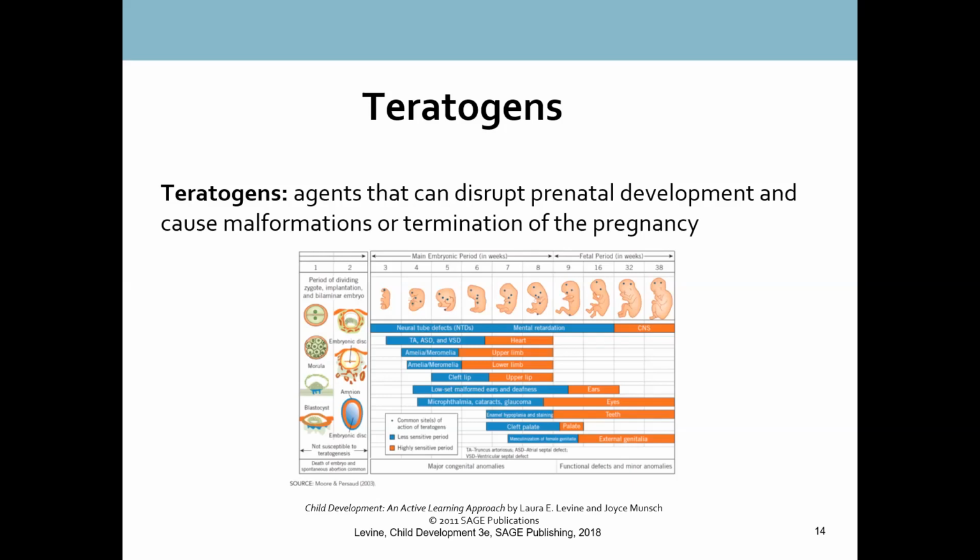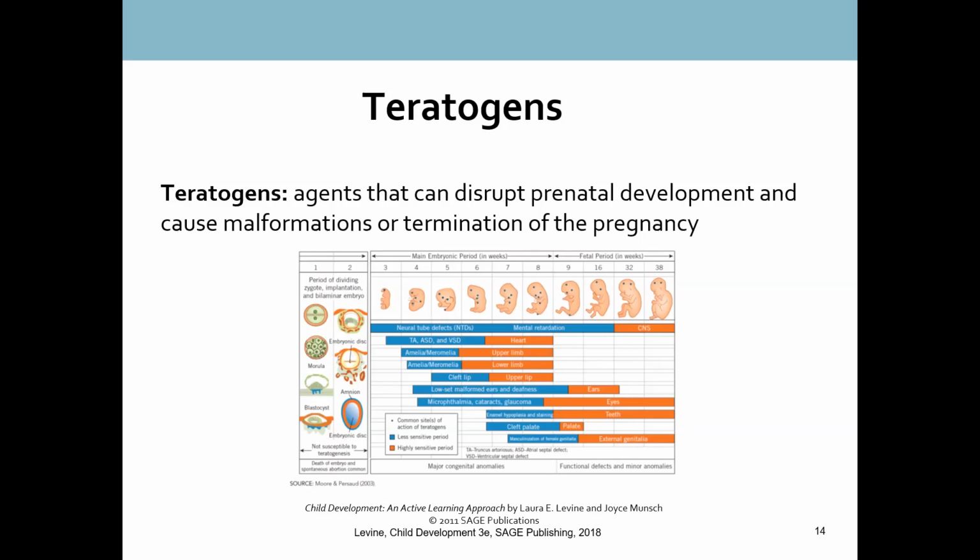I talked about how the embryonic period was a critical period in development because all these different systems were beginning development and they were going through rapid initial development, putting those systems at risk. You can see all these blue bars really sitting within the embryonic period.